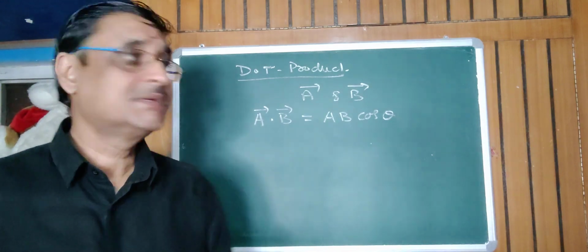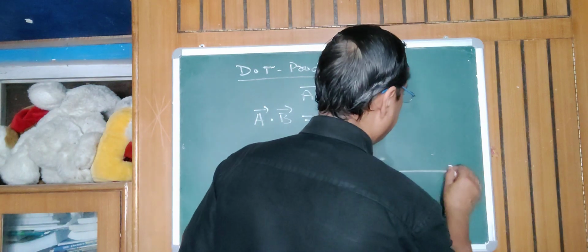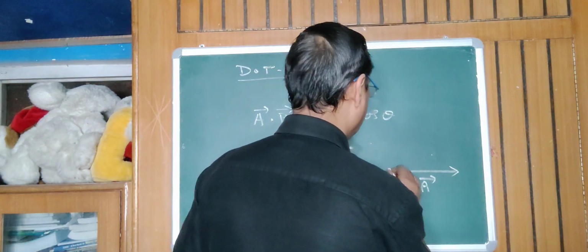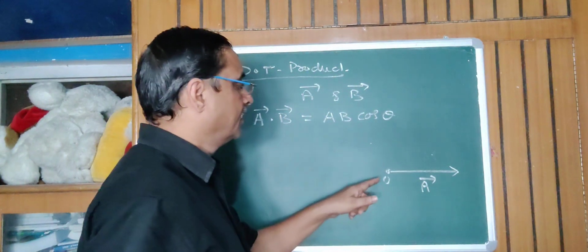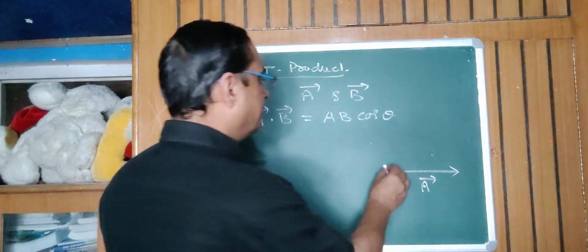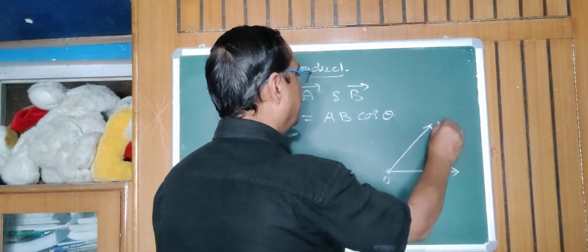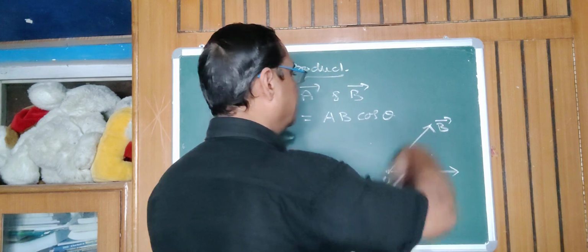And how can we represent it? Say for example, this is vector A, this point is O, vector A is pointing towards this side, and vector B is pointing this side.